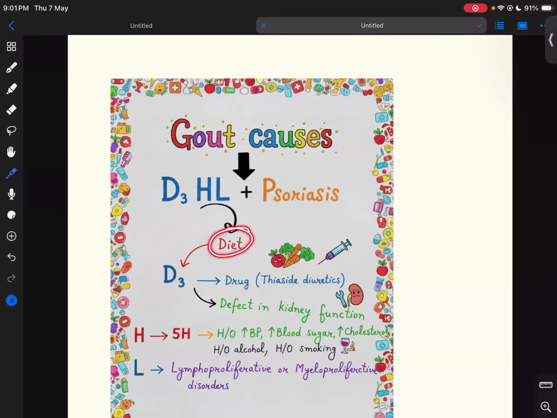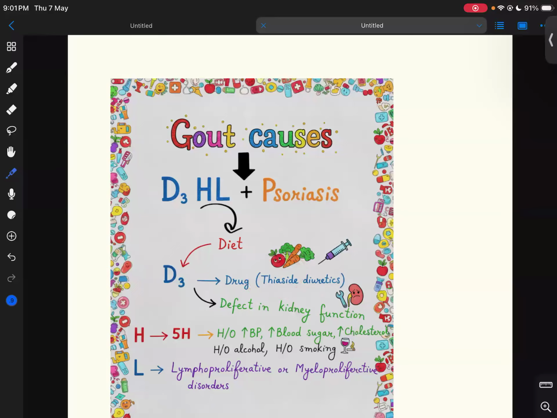They are diet, drug, and defect in kidney function. Diet means seafood and red meat. We just have to ask about it. What about your diet? Do you take excessive seafood or excessive red meat? Then drugs, for the PACES exam, we just have to remember the thiazide diuretics.